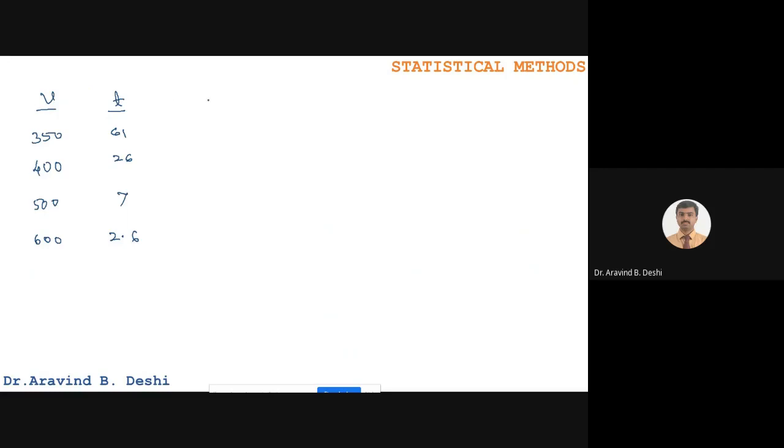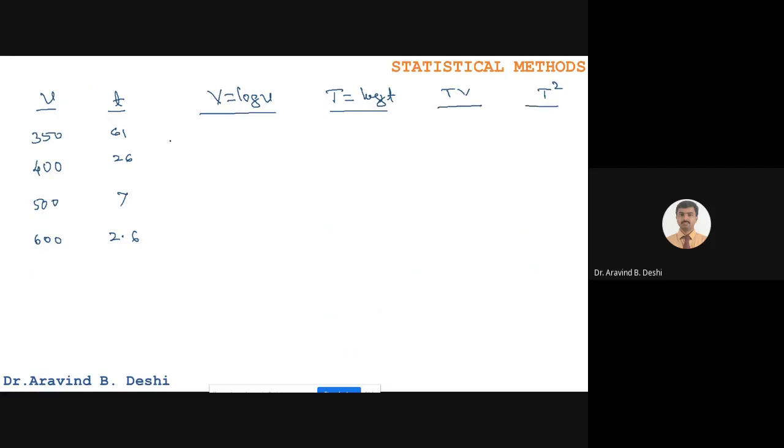But in the summations we want capital V, which is log of small v, that is ln v. Similarly, capital T is ln t, then TV, then T square. We want the summation of these last four columns.